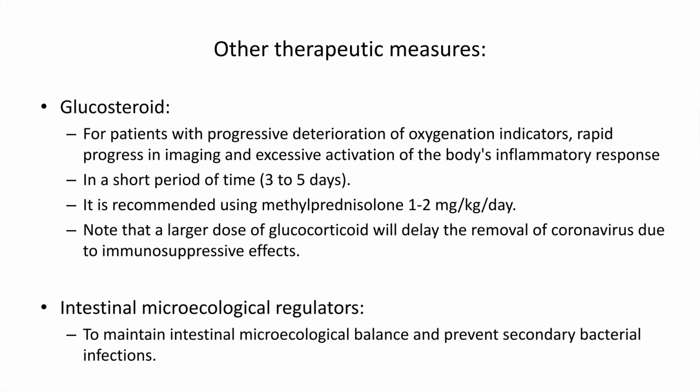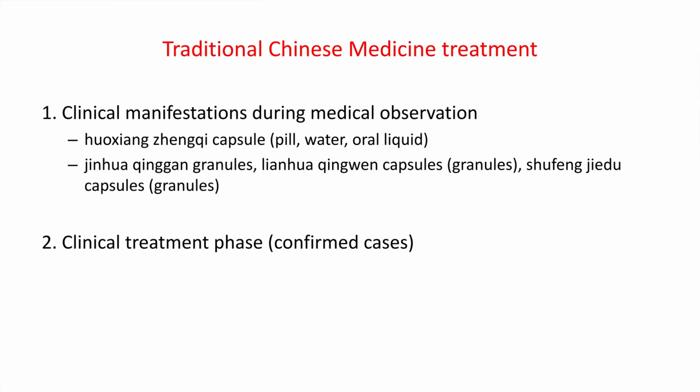I think this is another important treatment for COVID-19 patients. And traditional Chinese medicine, we use in most patients, from mild to severe or even critical patients. We do find it's effective in some cases.